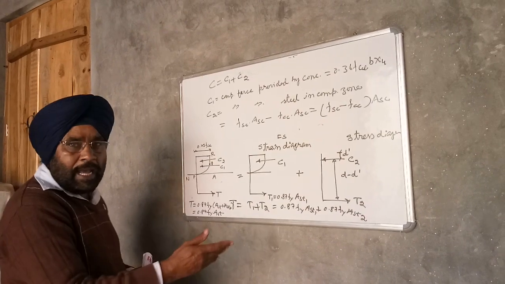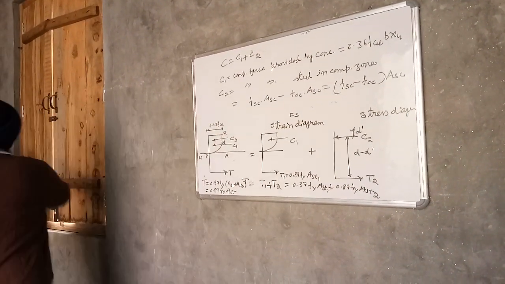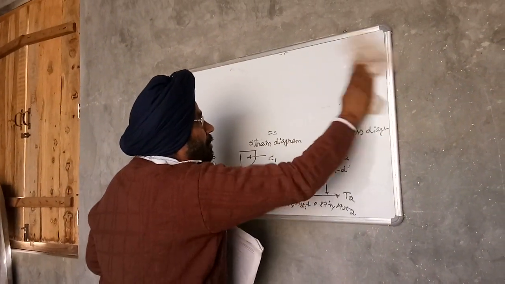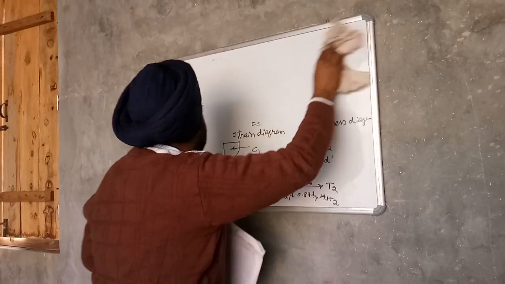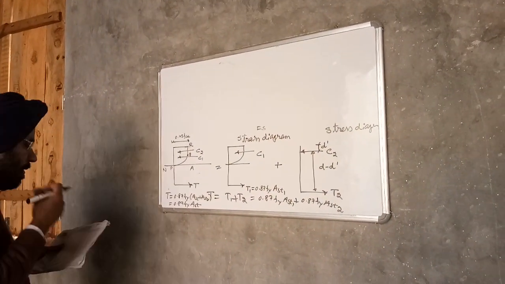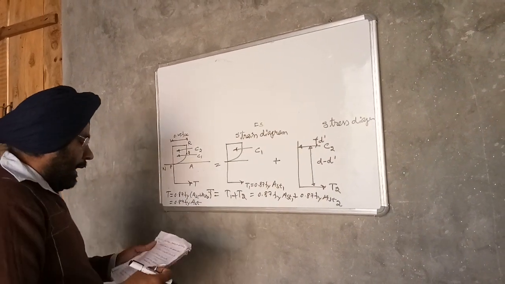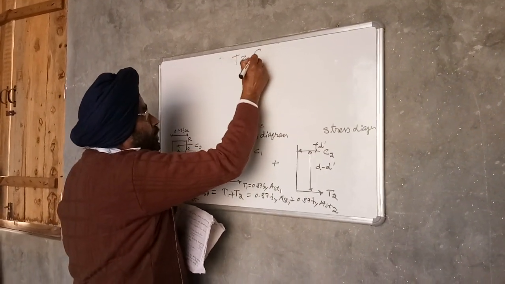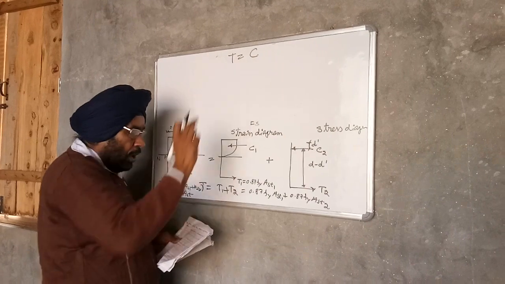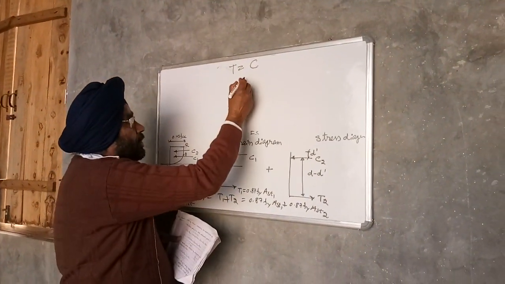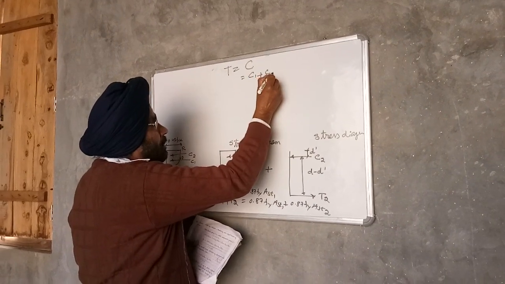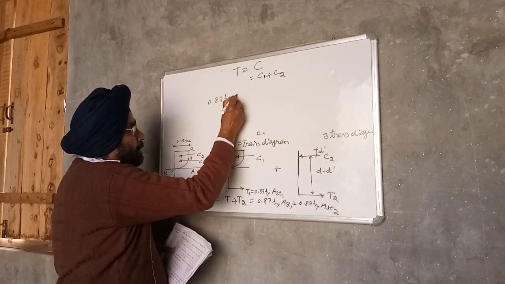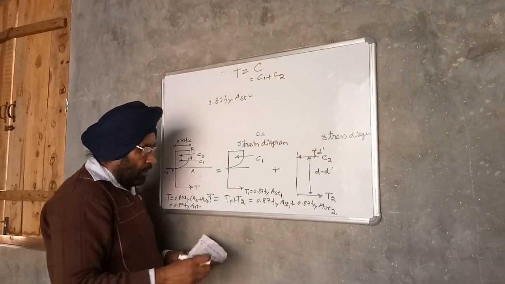At the limit state of collapse, considering the equilibrium of forces, T is equal to C. So the total tensile force T is equal to the total compressive force C. It means T is equal to C1 plus C2, and T is equal to 0.87 fy Ast.